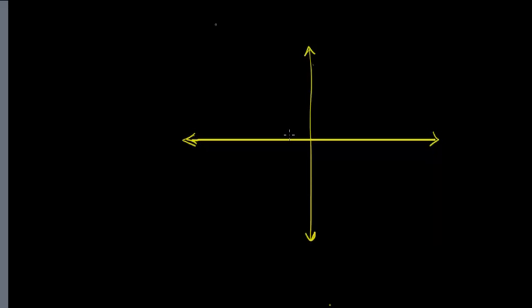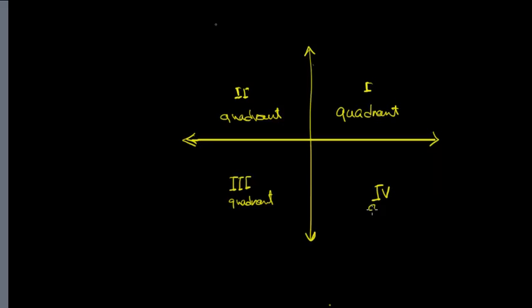When we include negative values, the x and y axes divide this space up into 4 parts. Each part is called a quadrant. This is the first quadrant. This is the second quadrant. This is the third quadrant. And this is the fourth quadrant.